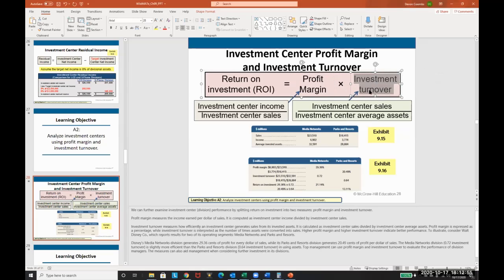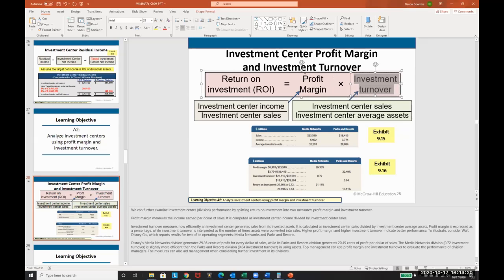But maybe a better example is Walmart versus Lexus. Lexus is not going to sell as many cars as Walmart sells frozen dinners. It's just not going to happen. More people buy frozen dinners than cars.